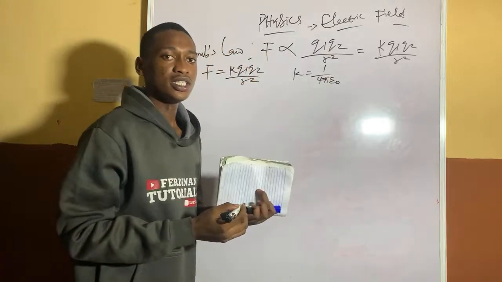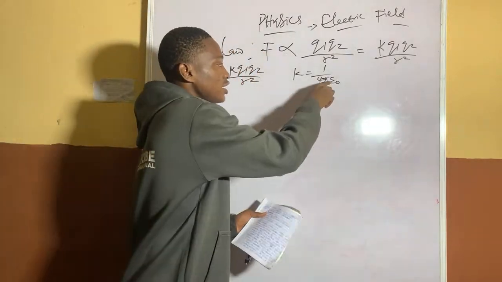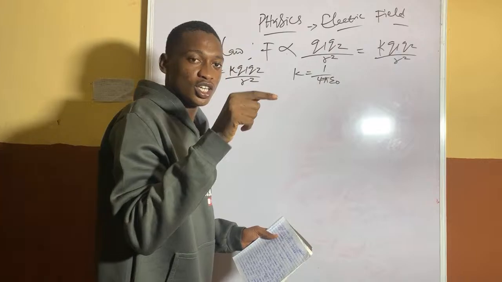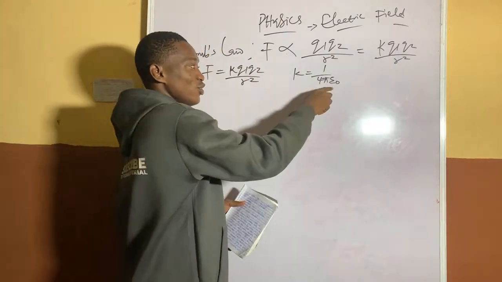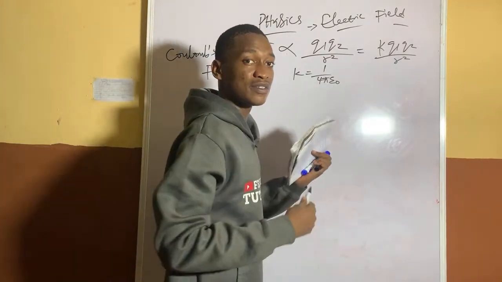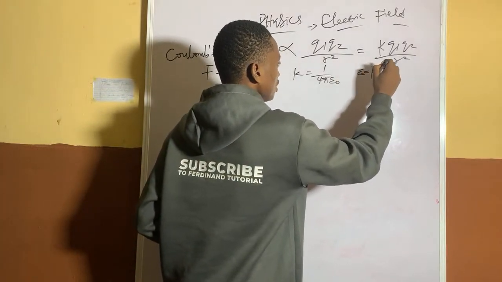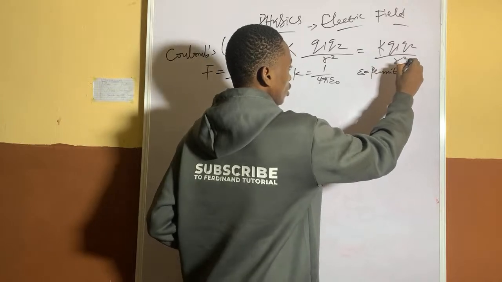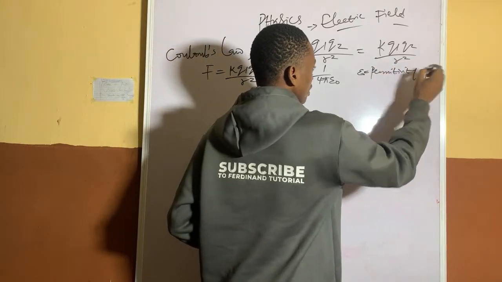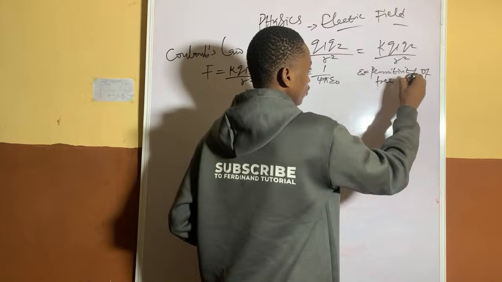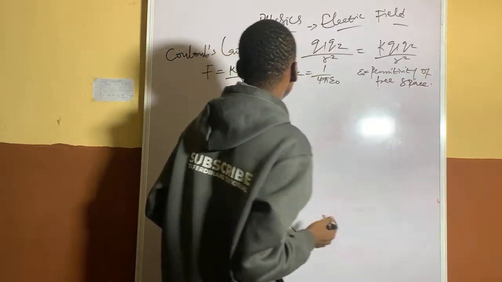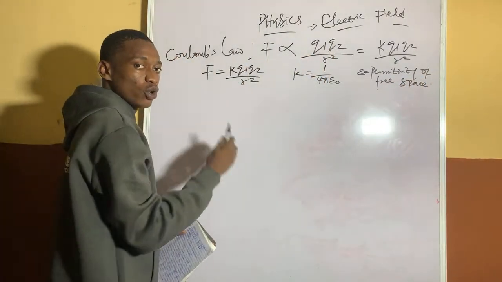This epsilon naught, E naught, not a normal E, is called the permittivity of free space. So these are typically the equations of Coulomb's law.